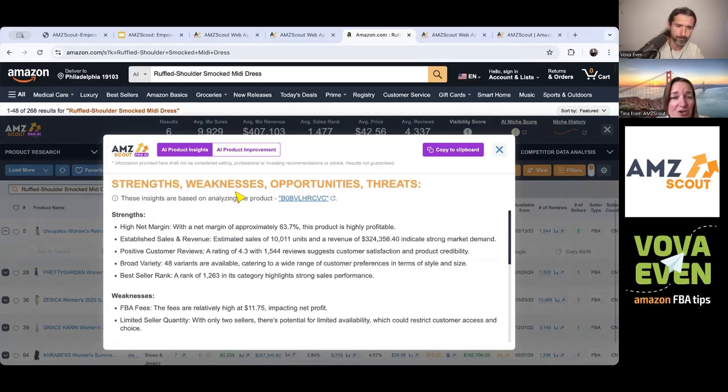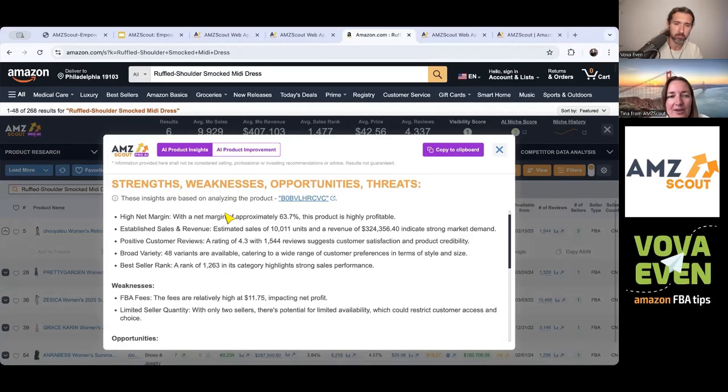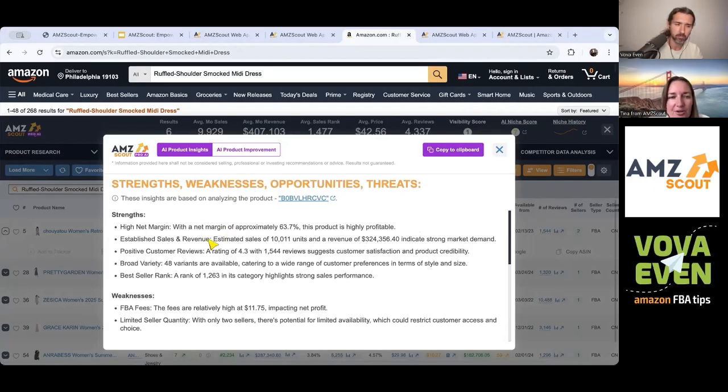And well, I haven't shown this one, by the way. It's so-called SWOT analysis, strengths, weaknesses, opportunities, and threats for the product, for all the products that you have. You can open that, and it will tell you, again, based on real data, not some generated, made-up data that ChatGPT likes to make.